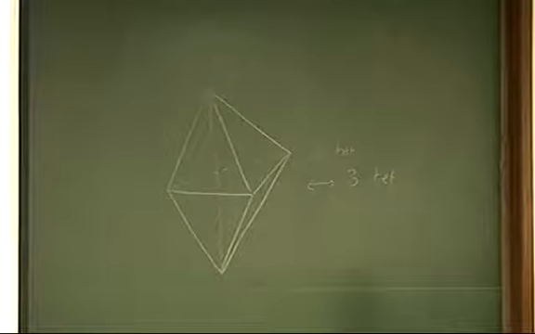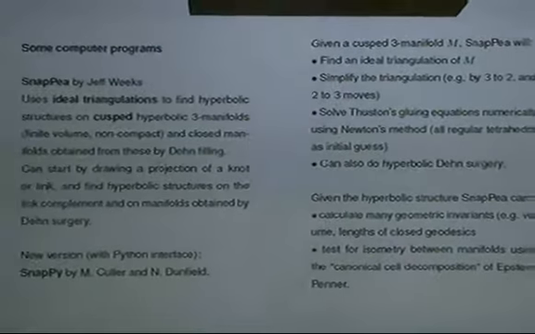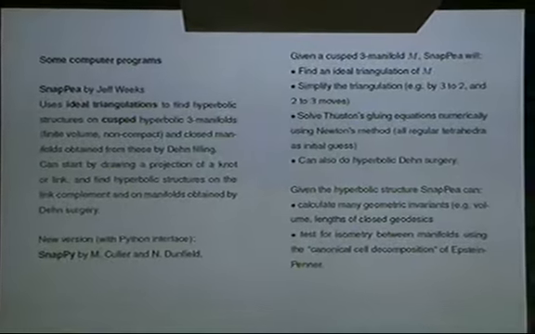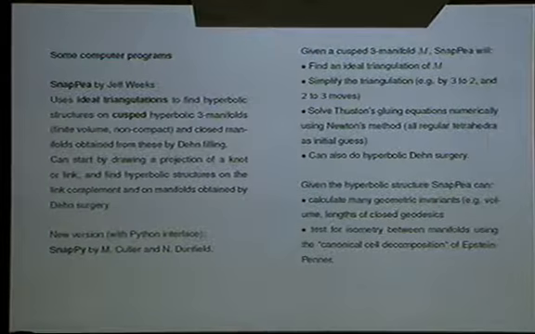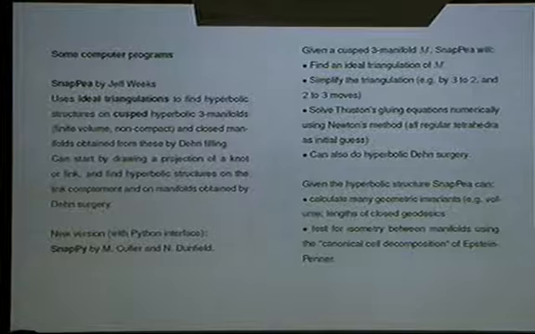Next step is to solve the gluing equations. So that's these edge conditions and these completeness conditions that we were talking about. So this is some sort of system of polynomial equations. And what SnapPy does is just solve these numerically by using Newton's method. As a starting point, the first guess is to assume that all the tetrahedra are regular.